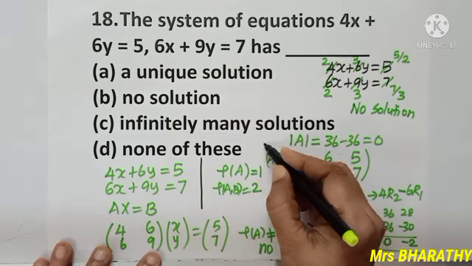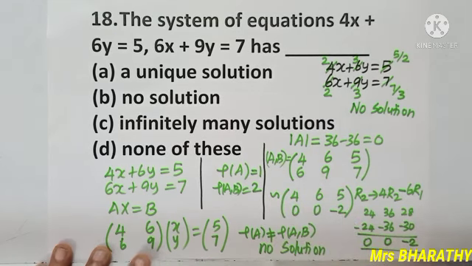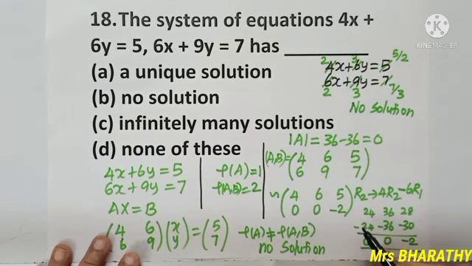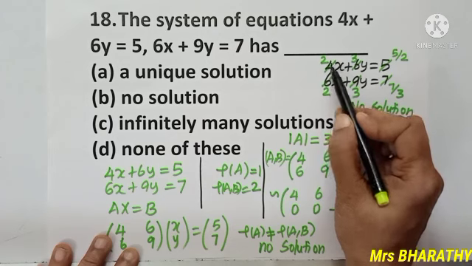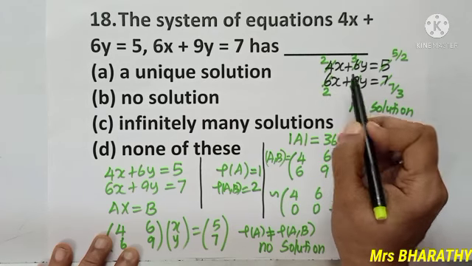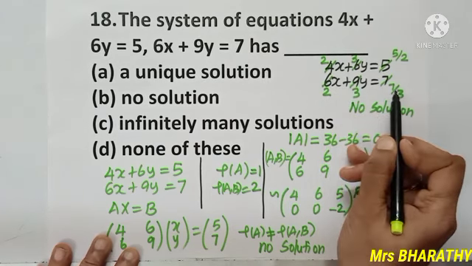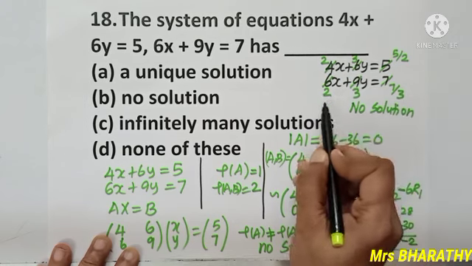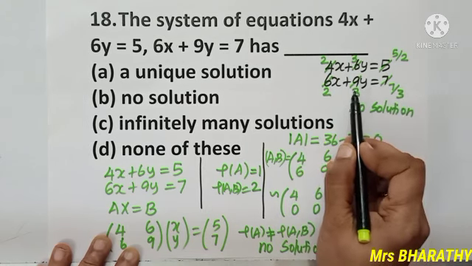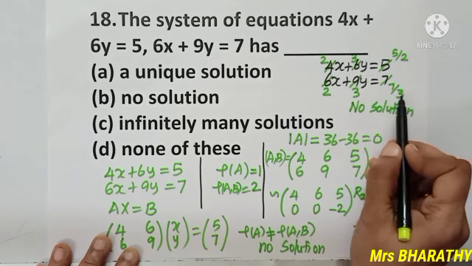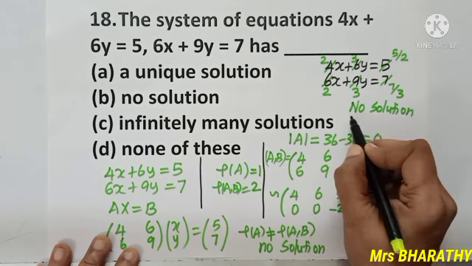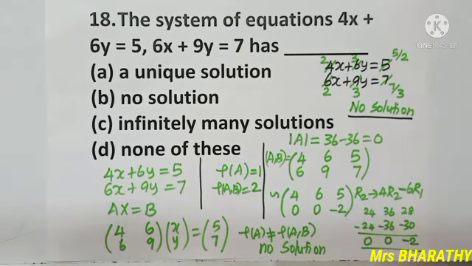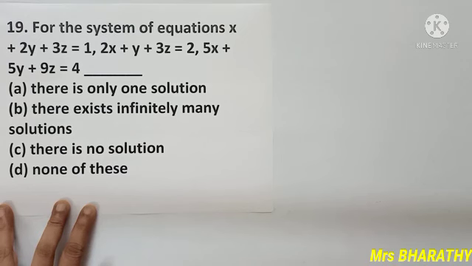Just by looking I know they are multiples. Divide by 2, divide by 3. I get same numbers for x and y, but not so for the RHS. Immediately declare the answer no solution. Option B.